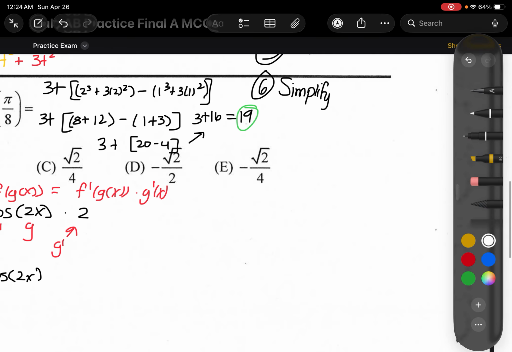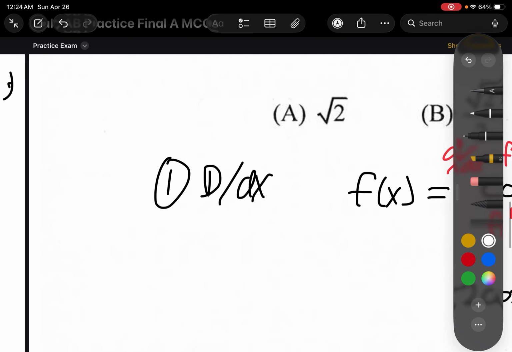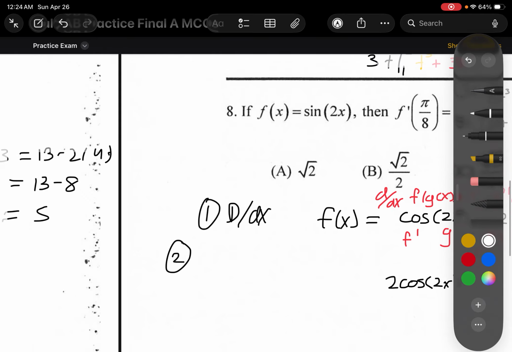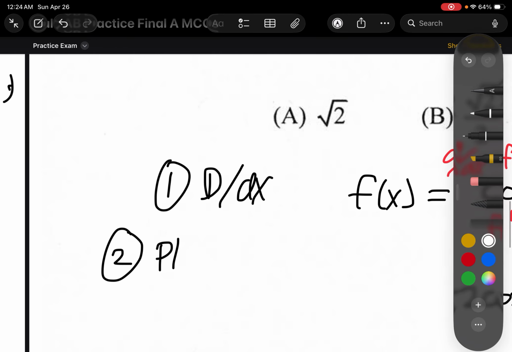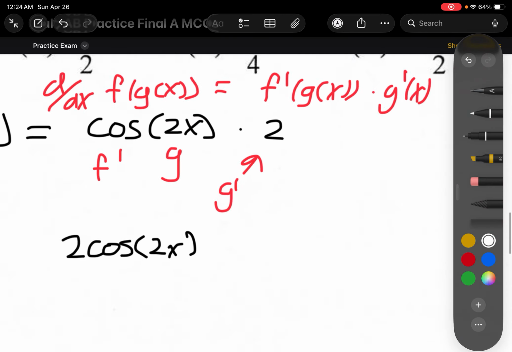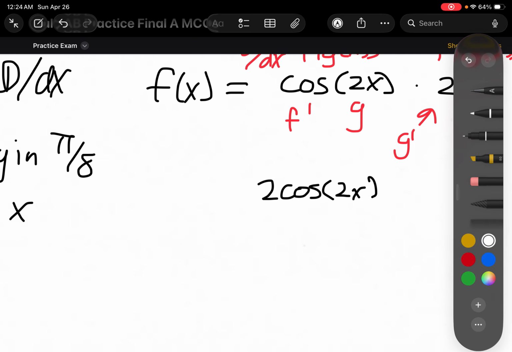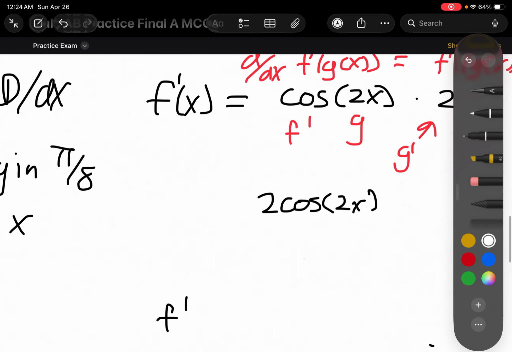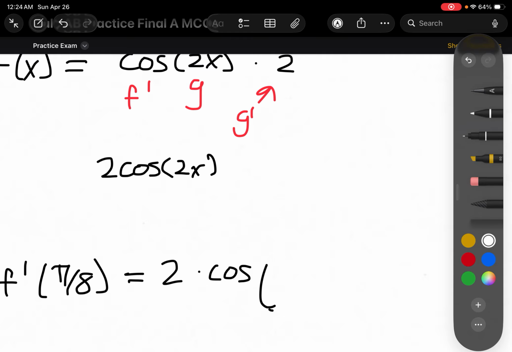And now, second step is to plug in pi over 8 for all x. So it's going to be, oh, I forgot to put the prime. So it's going to be f prime of pi over 8 is equal to 2 times cosine of 2 times pi over 8.